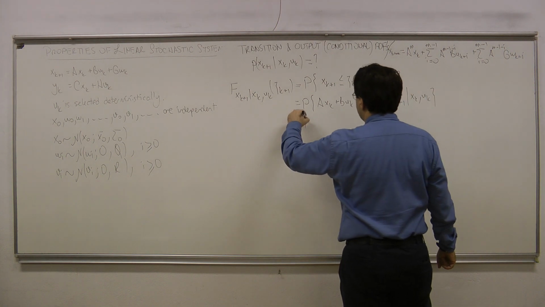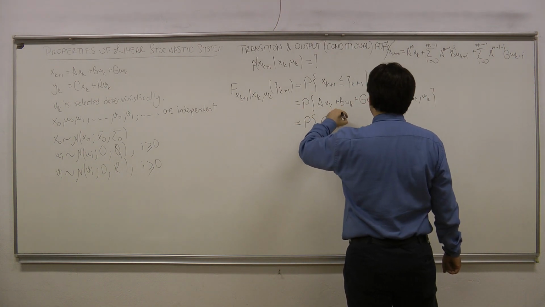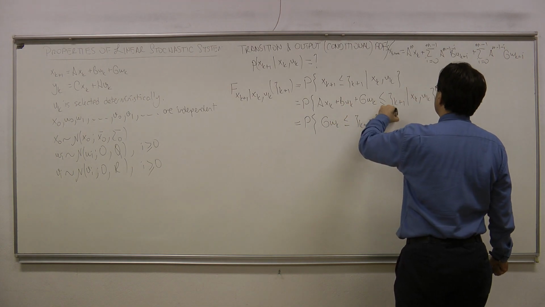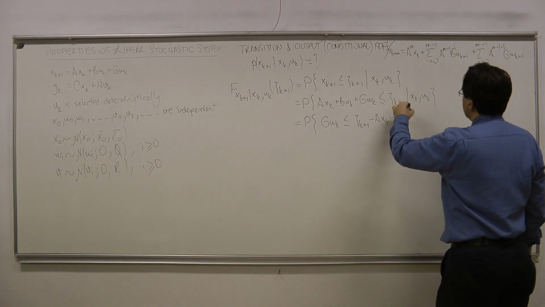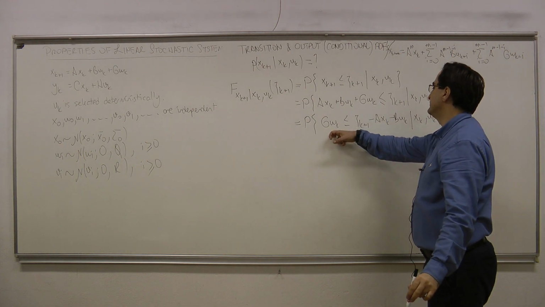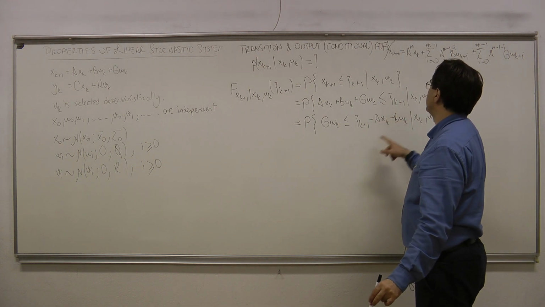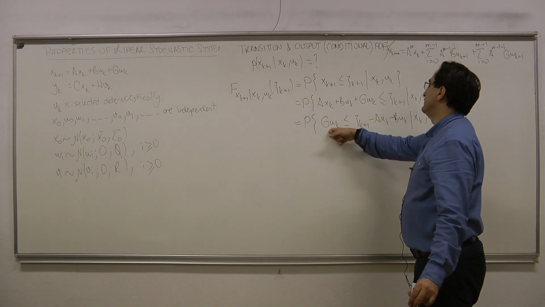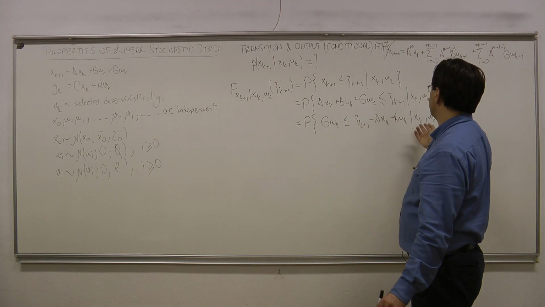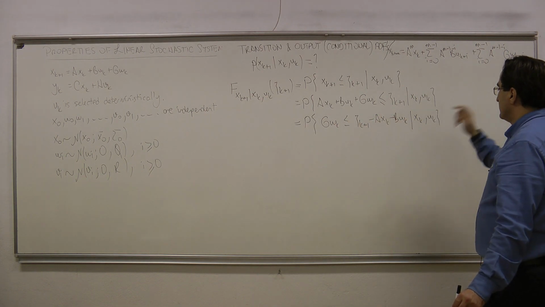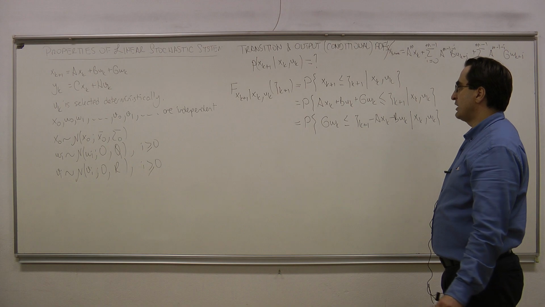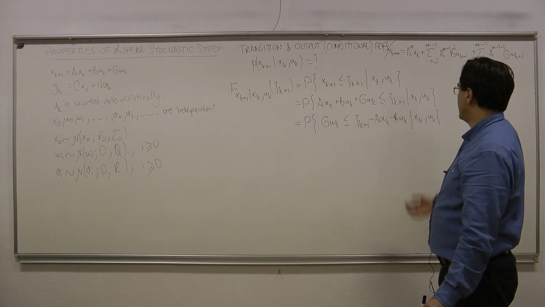I can take them to the other side: G w_k smaller than or equal to psi_{k+1} minus A x_k minus B u_k, given x_k, u_k. But now this event is only related to w_k, or G w_k, which is independent of x_k and u_k, because in x_k I have only w's from 0 to k minus 1, and I only have x_0.